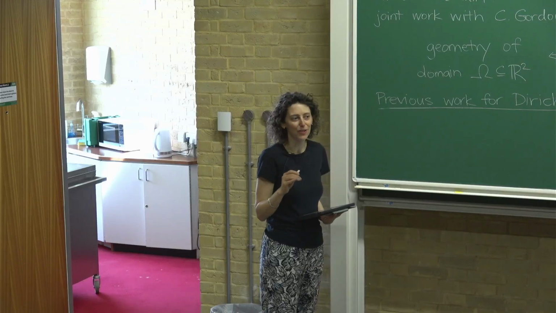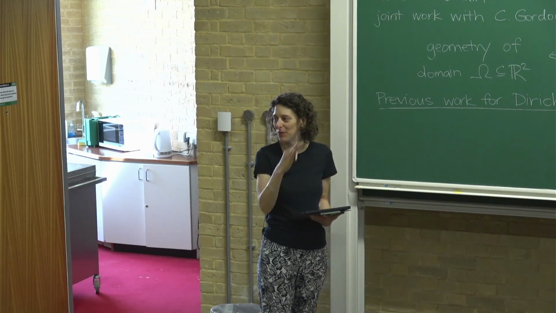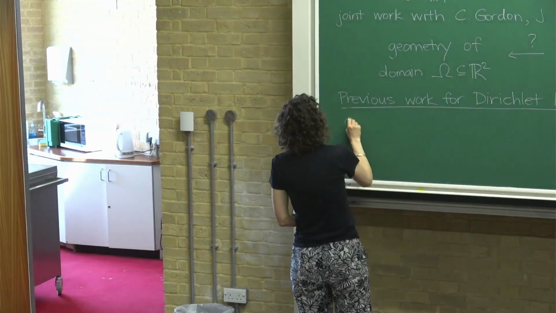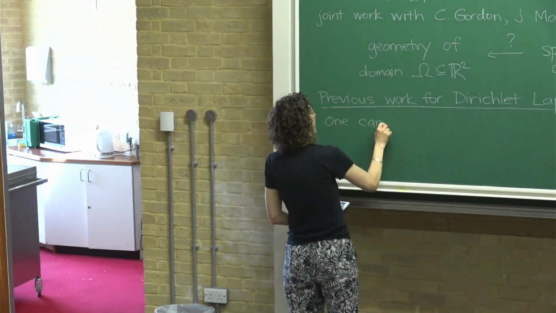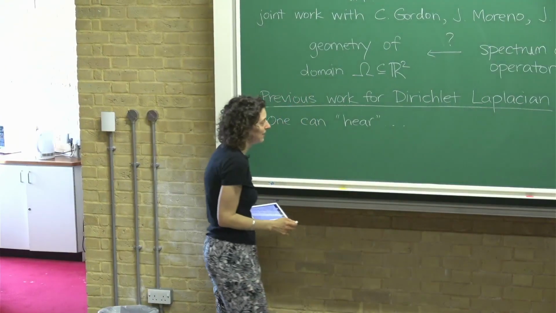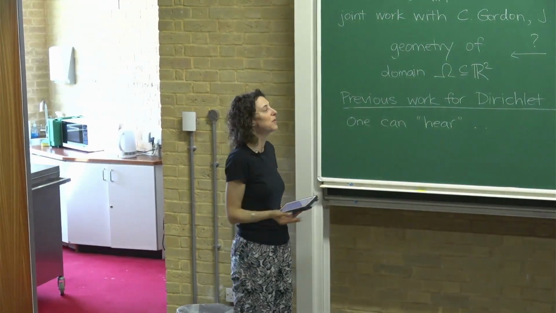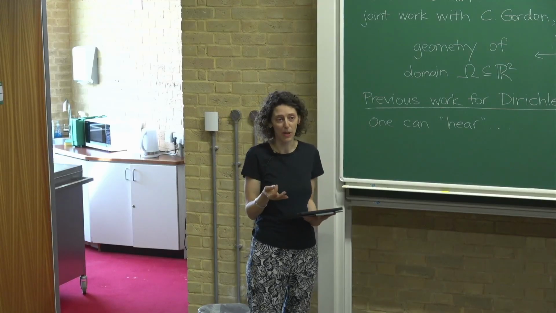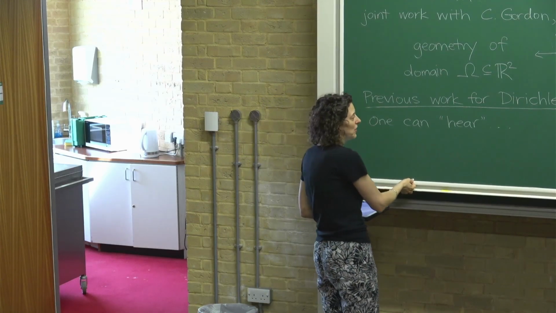It's not chronological. The order might seem a bit mysterious, but it might become clear as we go through the talk why I chose that order. So what are some things we can hear? In other words, in what situations do the eigenvalues of this Laplacian determine something about the geometry?